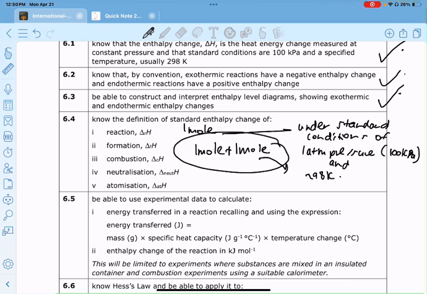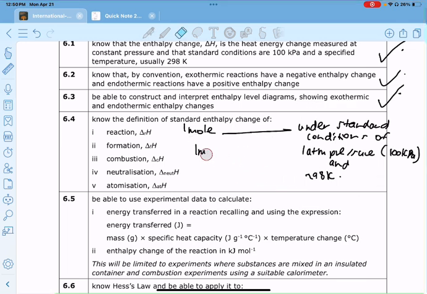This is the enthalpy change of reaction, okay? So a way to say it in actual words is, it is the enthalpy change when 1 mole of a reactant reacts with 1 mole of another reactant under standard conditions of, and then you see all of this, okay? So yeah. Now that is a reaction done.